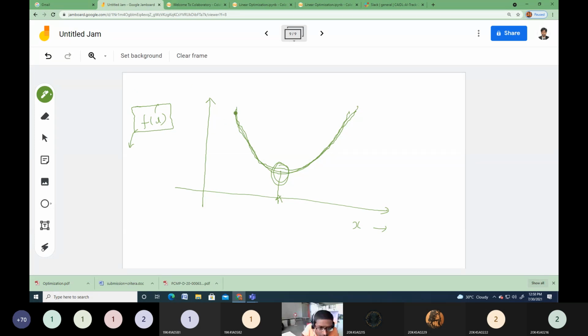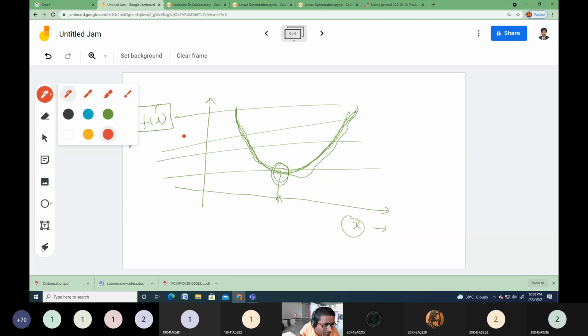That means that error function is varying with respect to your decision variables like a bowl shape. Friends, do you think this function is a linear function? No. If it is a linear function, then it will be like this only. But your function is like this.